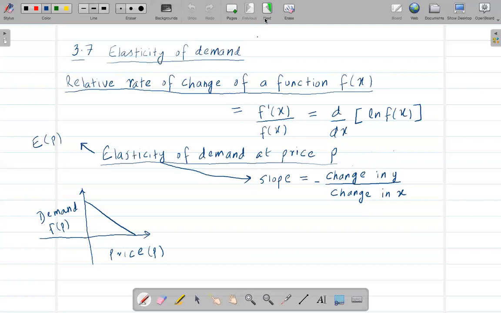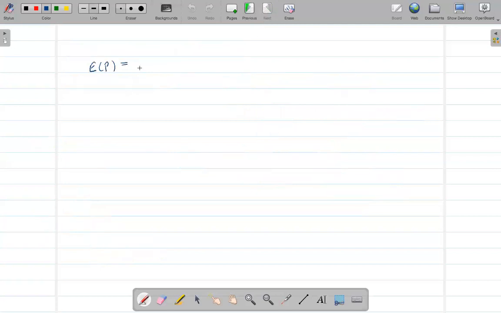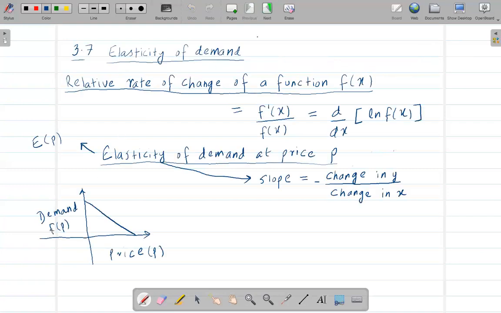So elasticity E of P is the relative rate of change of demand, and we say demand is f of P.